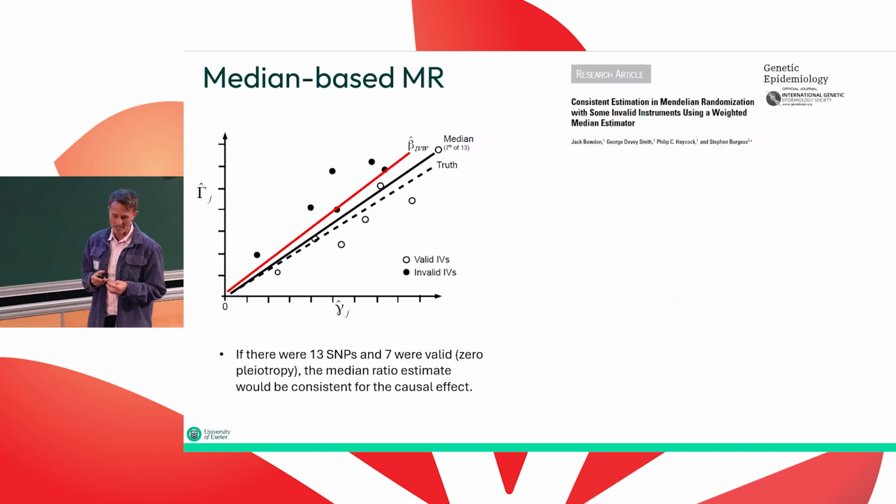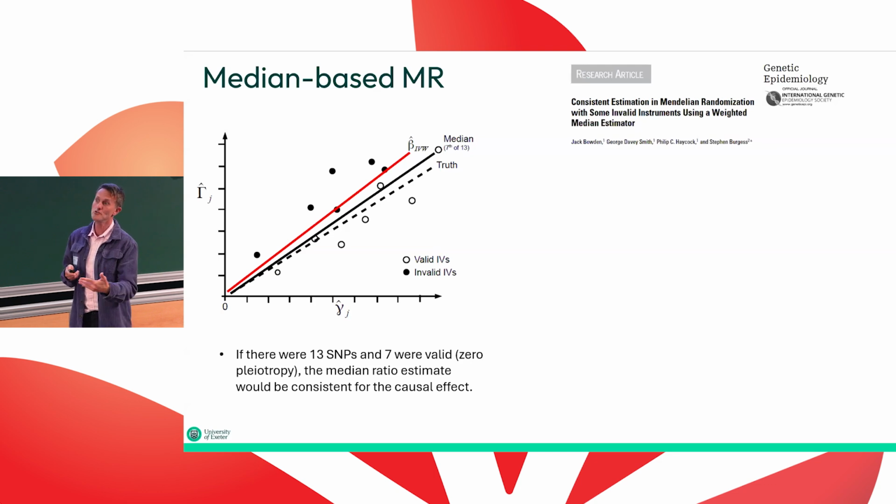Okay, so the next robust method I'm going to talk about is the so-called median-based MR. And here's a quick diagram that tries to explain the rationale for using a median-based method. As we know, the median is a robust measure of central tendency. It's robust to outliers. In this case, suppose we've got 13 variants, but 7 are valid and 6 are invalid, and we calculate the median causal estimate across those 13 variants.